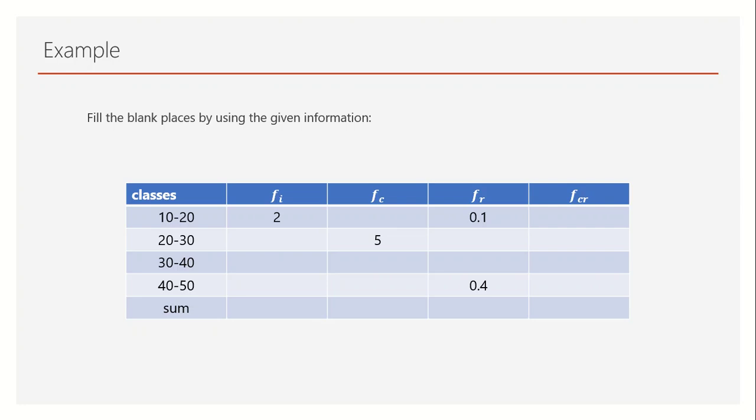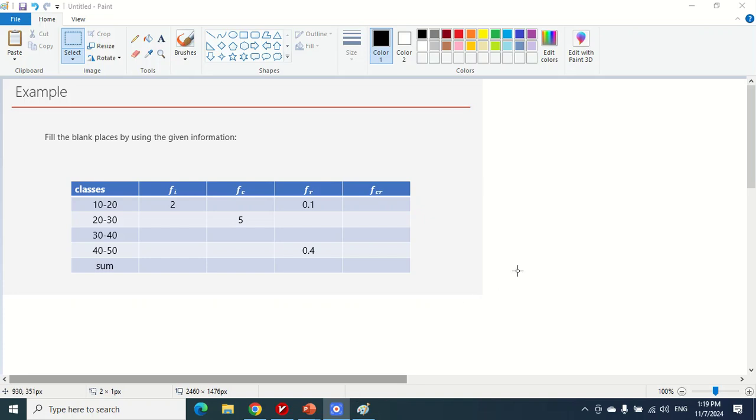So let us consider this question clearly and find the values that are missing over here. As you can see, we have the given frequency table. Some values are given and they ask you to find the other values related to this given information.